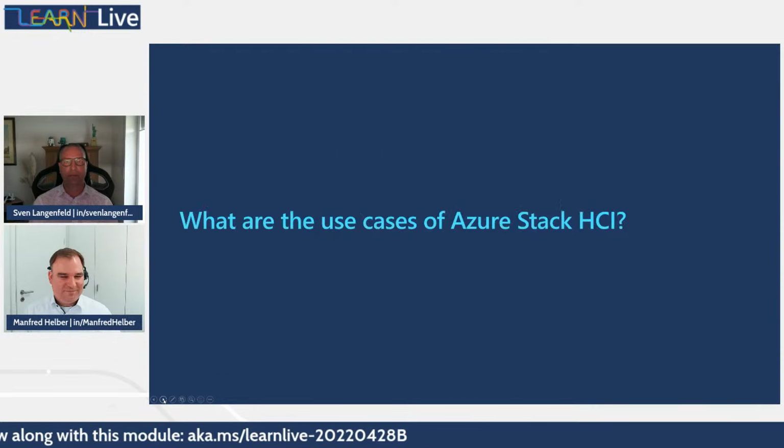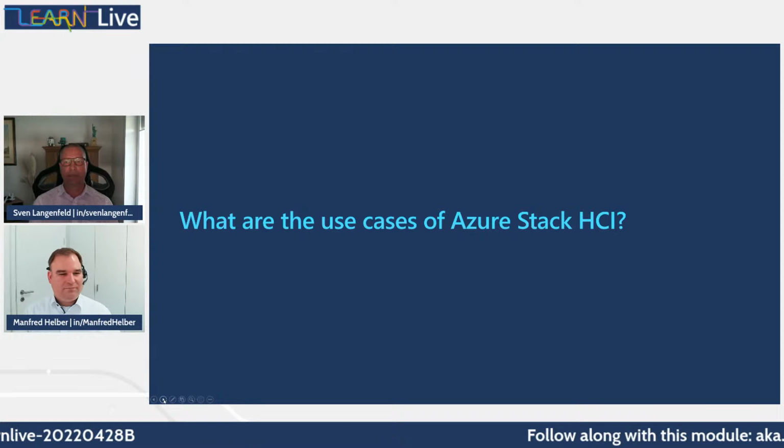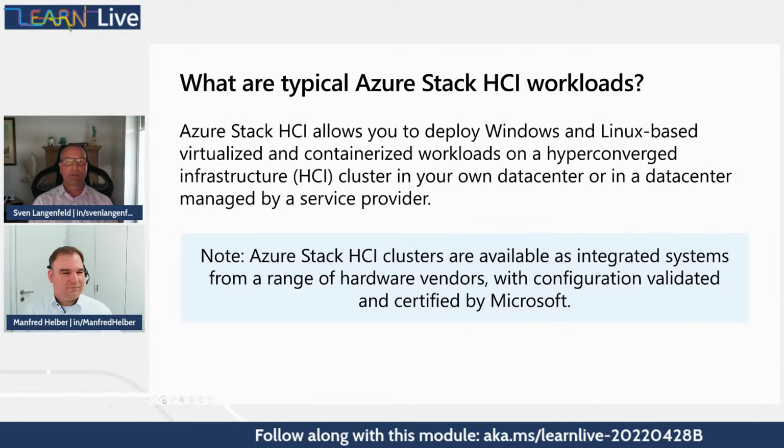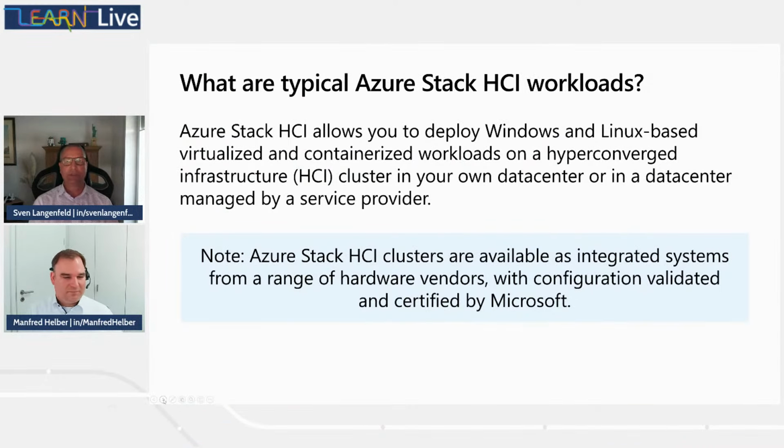Okay, so let's start with the question, what are use cases for Azure Stack HCI? Talking about use cases, I got a lot of questions. What are the customers we should sell Azure Stack HCI to? Azure Stack HCI is a hyper-converged infrastructure. Hyper-converged infrastructure is a modern way to bring infrastructure into data centers.